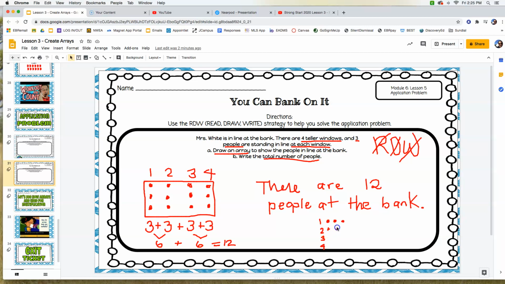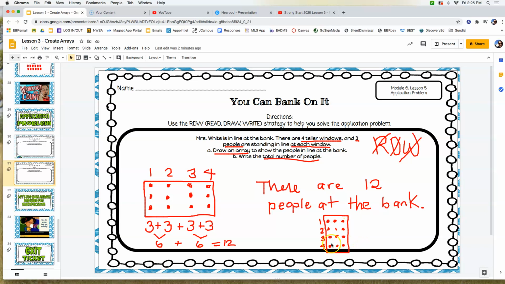And your array might have looked like this. And either of these arrays match the problem. They are both accurate math models to represent our word problem here.